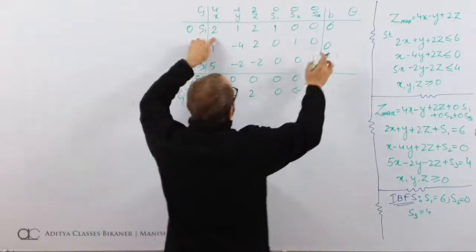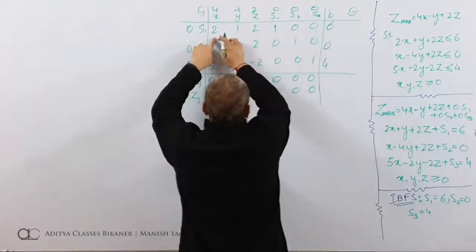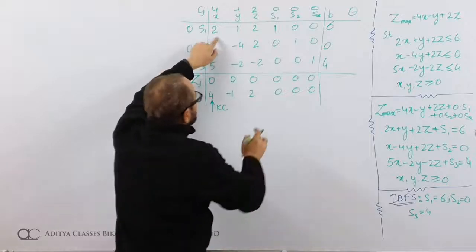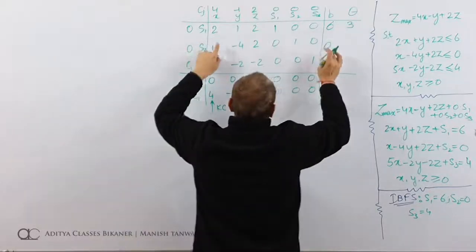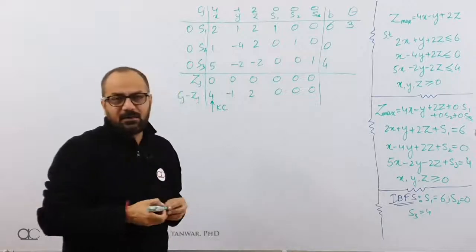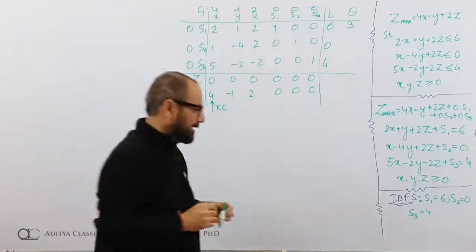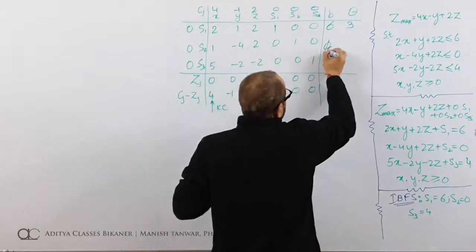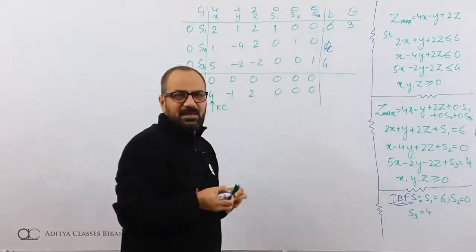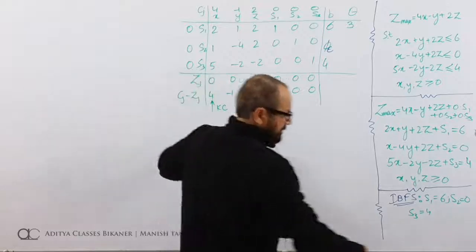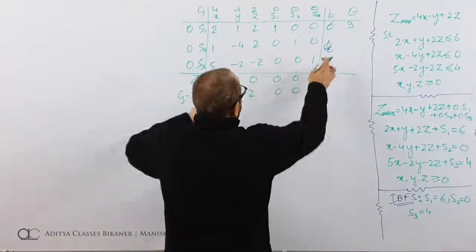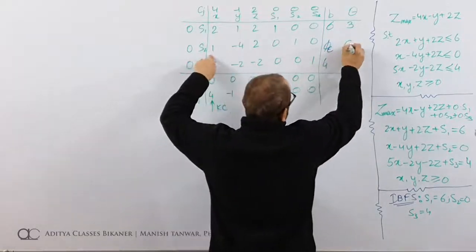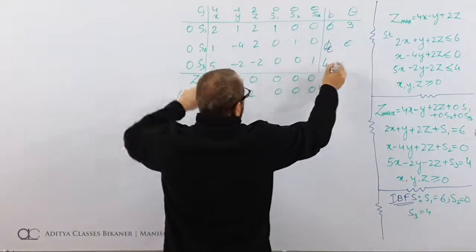Now divide B by key column. We get 6 divided by 2 as 3. Now 0 divided by 1, 0 will be replaced by epsilon. So this becomes epsilon divided by 1. And this will be 4 divided by 5.